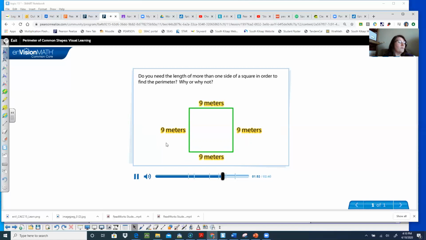Do you need the length of more than one side of a square in order to find the perimeter? Why or why not? No. Since all sides of a square are the same length, you need the length of only one side. Remember, all 4 sides of a square are the same length.